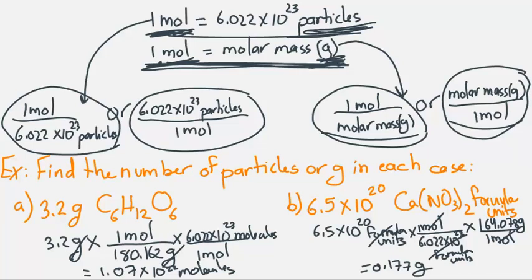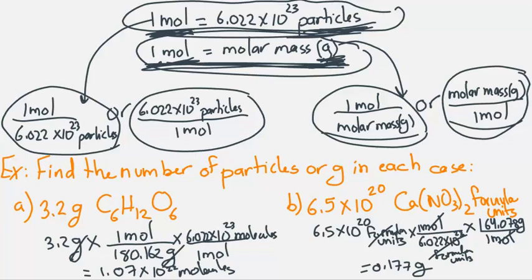You first start with the given, and the given will lead you. If it's in grams and you want to change to mole, you use the second one. If it's in mole and you want to change to particles, you use the first one. And so on. If you want to do the opposite, you do the opposite way.